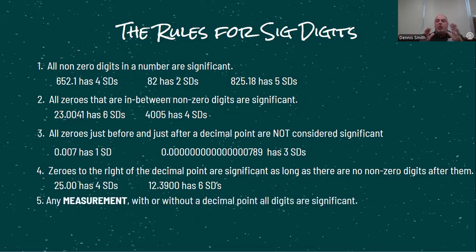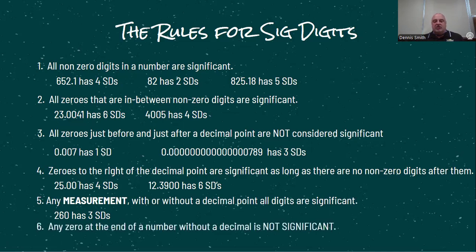Any measurement that you make, with or without a decimal point, all the digits are significant. 260 has 3 significant digits, okay? But any zero at the end of a number, except for a measurement, without a decimal, is not significant. So 10 has 1 significant digit. 100 has 1 significant digit. 100 point, all 3 become significant because there's a reason why that decimal has been put in.